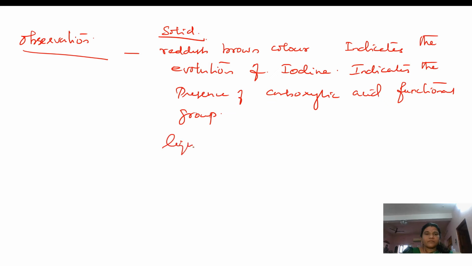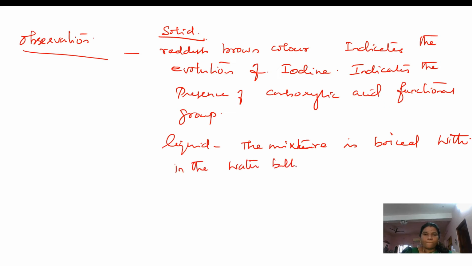In the case of liquid, this mixture is boiled within the water bath. After that, it is mixed with the starch indicator.